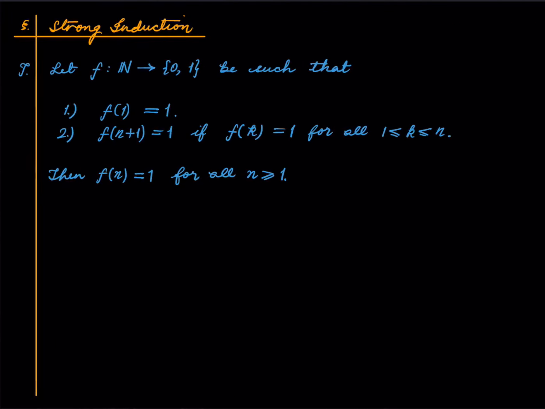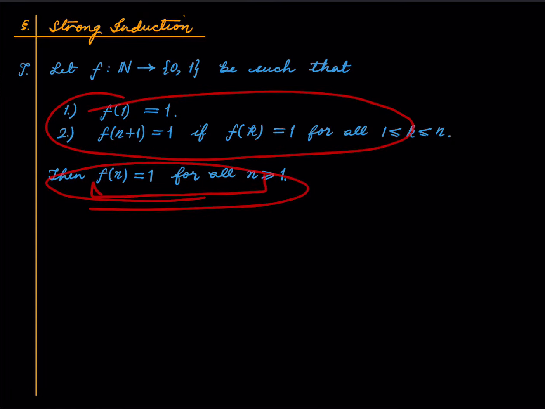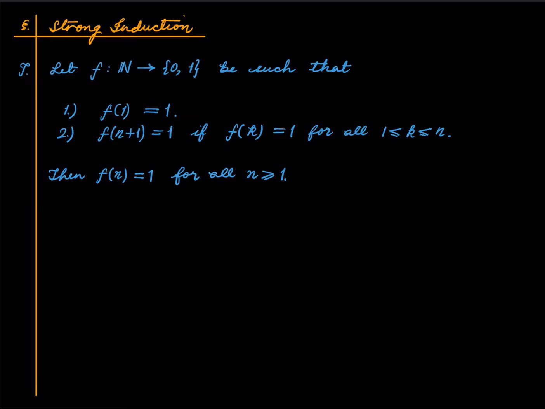Here we are saying, if all predecessors of this guy have the property that f takes the value 1 on them, then f takes the value 1 on this guy also. So it's a little bit different from that. This is usually referred to as strong induction. I mean, this conclusion that with these two hypotheses, you can show that f of n is 1 for all natural numbers. And again, this has the same proof as the previous one, and I leave that as an exercise.